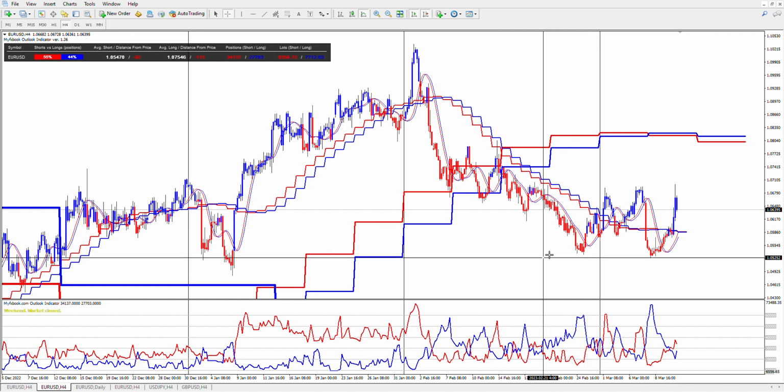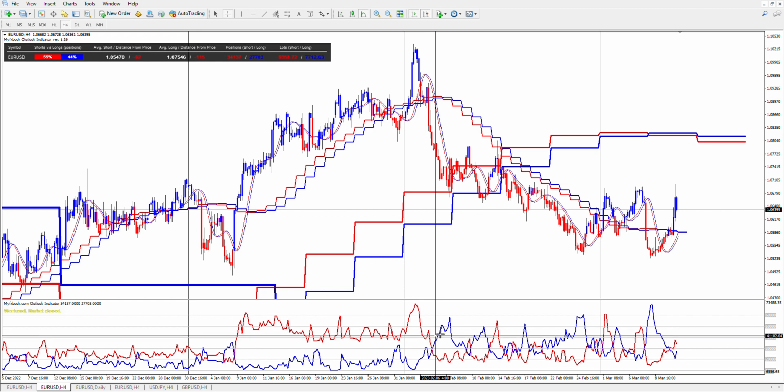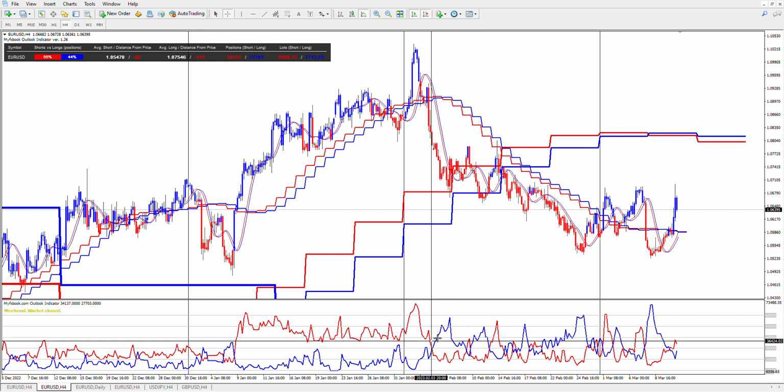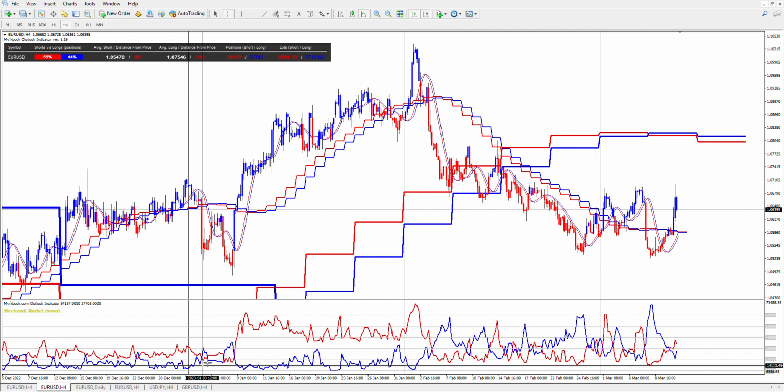If we look at the start of the month, we can always see who dominates, bulls or bears. By the start of the month, like in January, by the 3rd of January, we saw that the bears dominated. It's an indication that the price will be going up, you see.